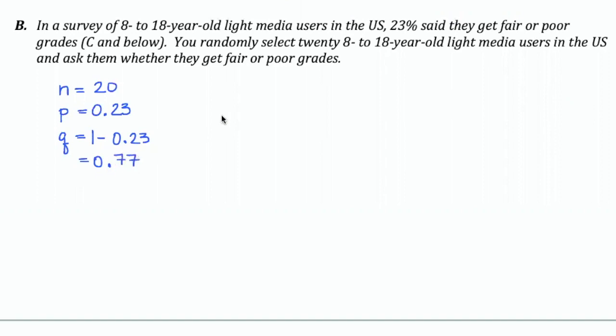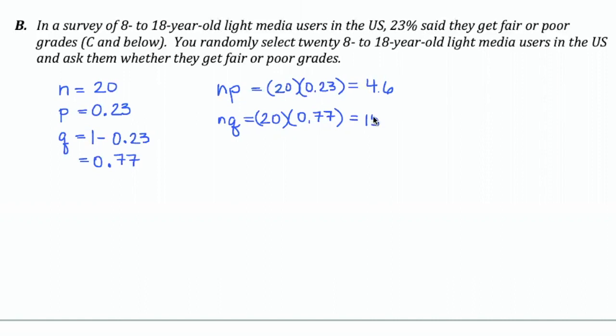Now I need to check the two calculations, n times p and n times q. n times p turns out to be 4.6. n times q turns out to be 15.4. So in this case, one of the values is greater than or equal to 5, but not both.